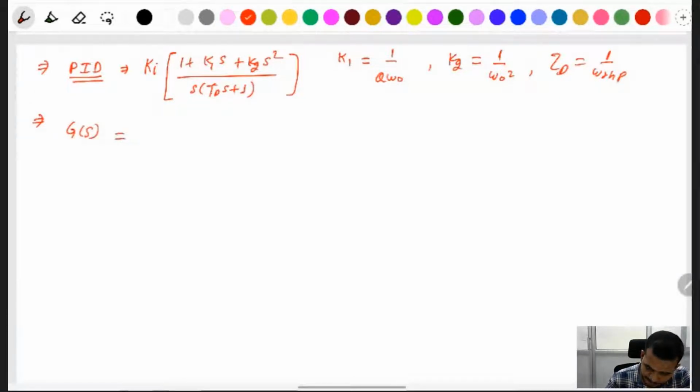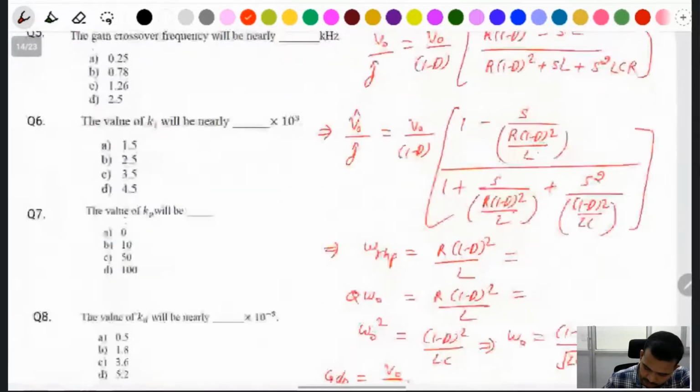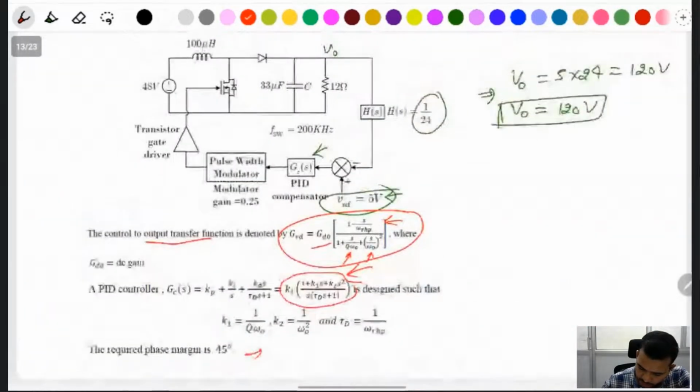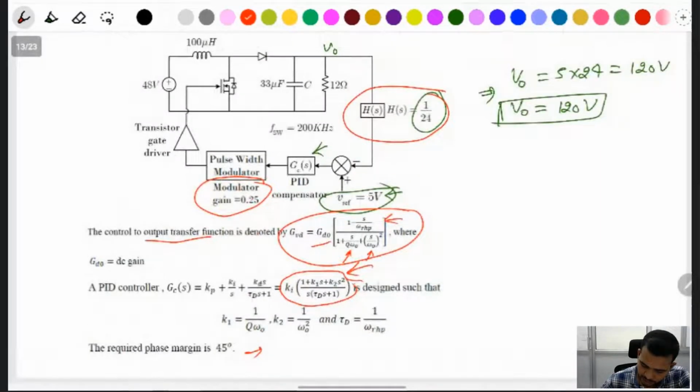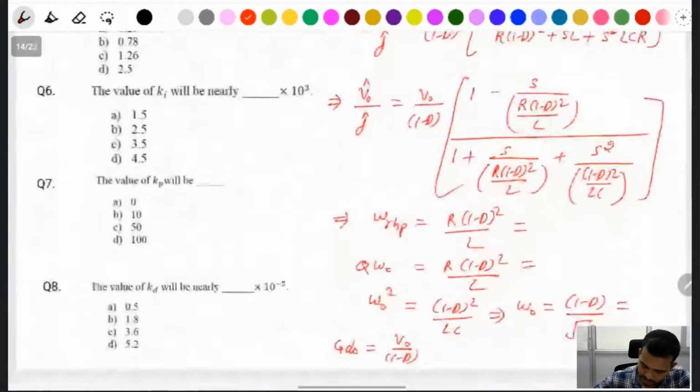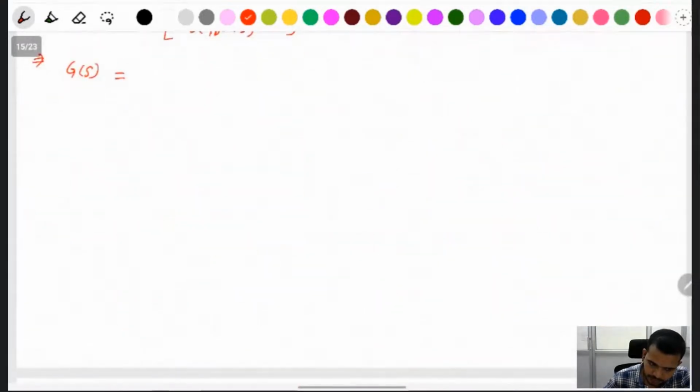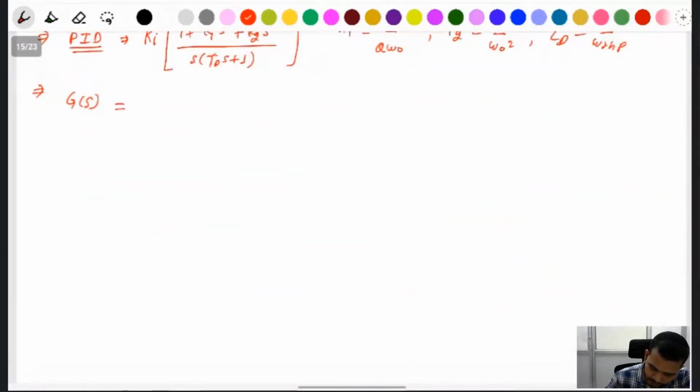An overall transfer function is given like that. All of the controller and this gain are also considered. All of these things we will consider, then find the plant transfer function.